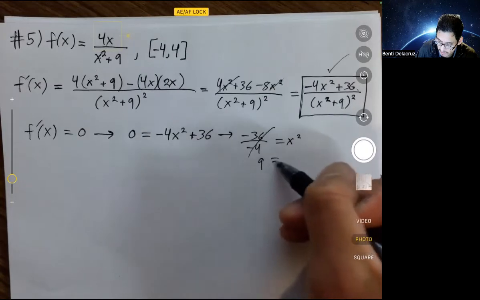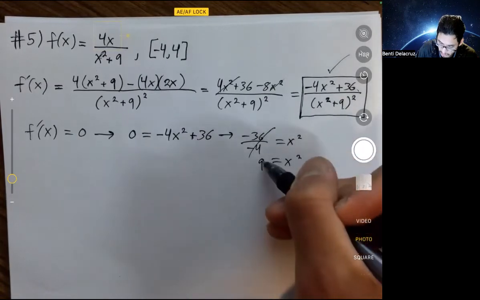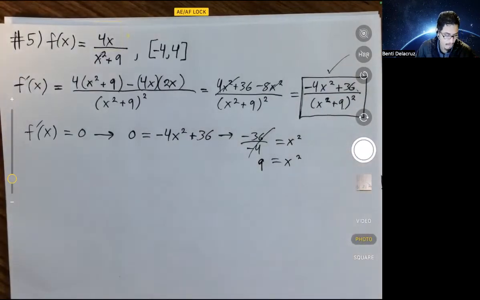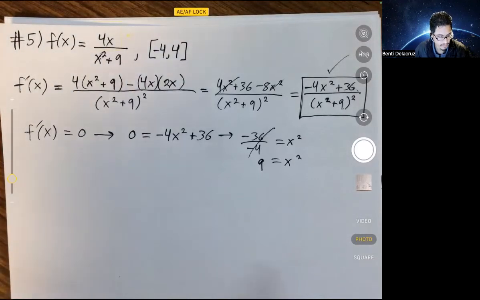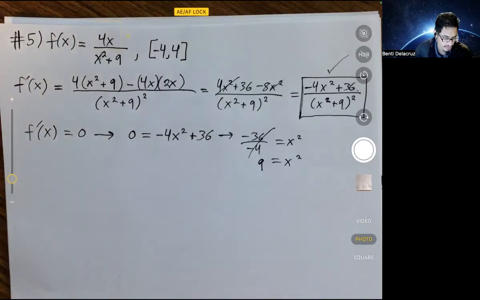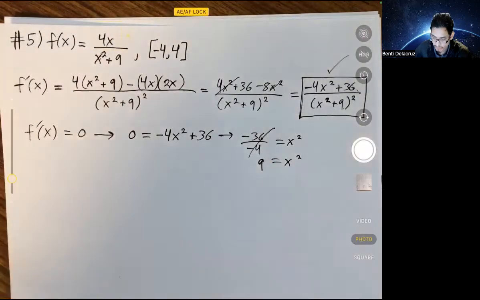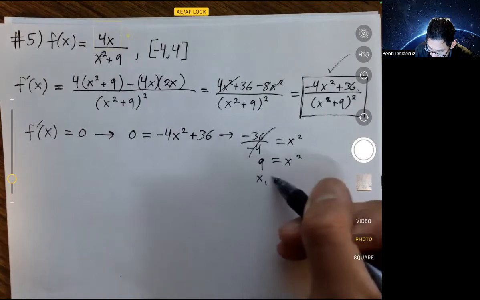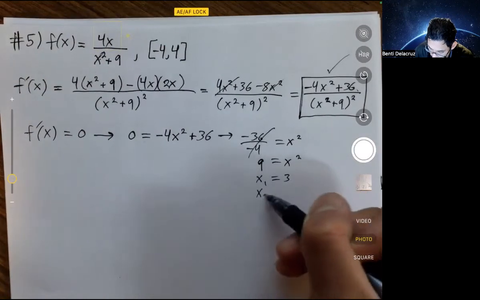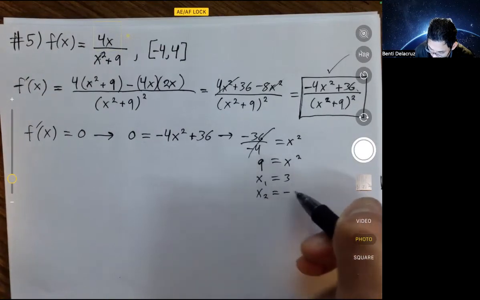So you get 9 equals x squared. And then x will be positive or negative 3. Have x1 be 3 and another one be -3.